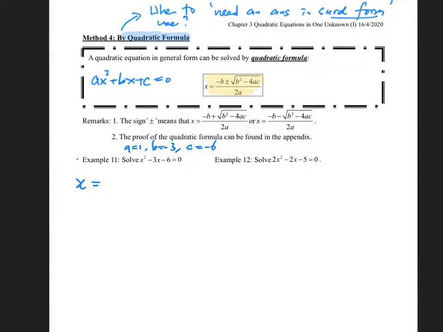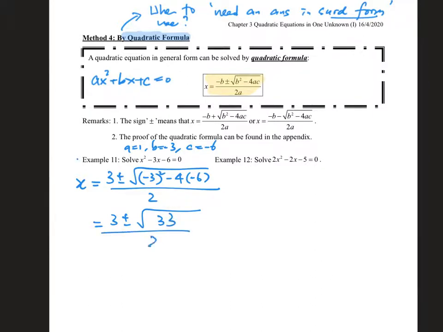Then you have minus b, which is 3, plus or minus square root of b squared, minus 3 squared, minus 4ac, which is 4 times 1, I would like to skip the 1, times minus 6, divided by 2a, that means it's 2. And finally, it's 3 plus or minus. By your calculator, you've got 9 plus 24, sorry, 23. And that's all for the answer.